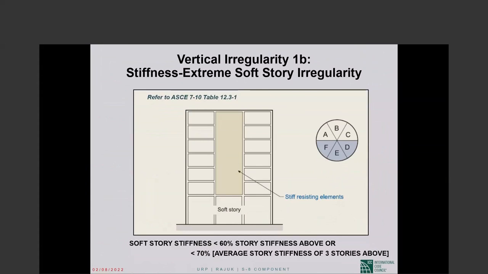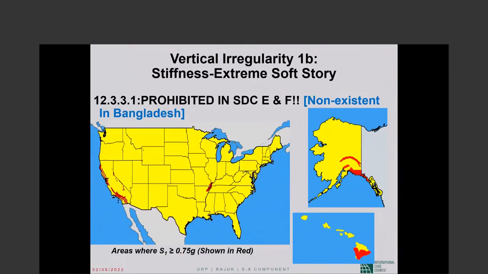Extreme soft story. Soft story stiffness lower than 60% rather than 70% of the story stiffness above, or, this is not and, or 70% rather than 80% of average story stiffness of 3 stories above. This irregularity, extreme soft story, is prohibited.